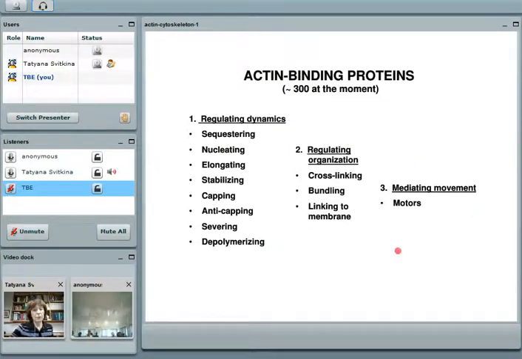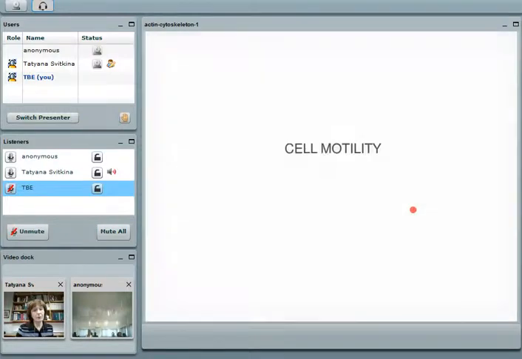And there are other proteins, which we will also talk about on the way, which bind filaments to each other and to the membrane, in different modes, so that you can form different structures. And there are also molecular motors which help to move cargo along actin filaments. So we will discuss roles of many of these proteins, and we will do it by using cell motility as an example.